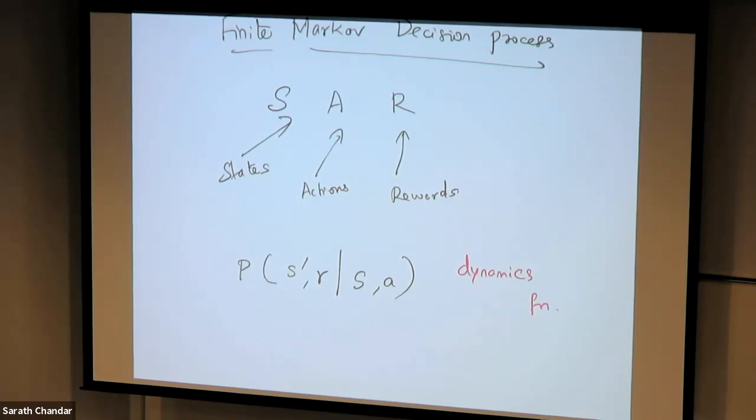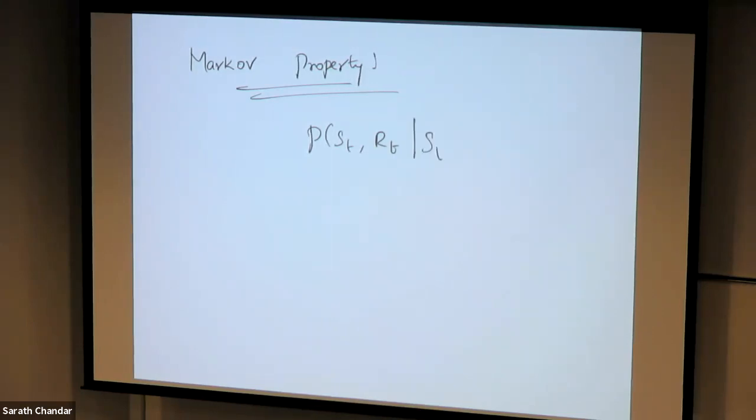We also discussed the Markov property. The Markov property says that the probability of S_t, R_t given S_{t-1}, A_{t-1}, that is, the probability of the next state and reward given my current state and action, should be such that by just conditioning on the current state, you are able to make an accurate prediction of the next state and the reward.